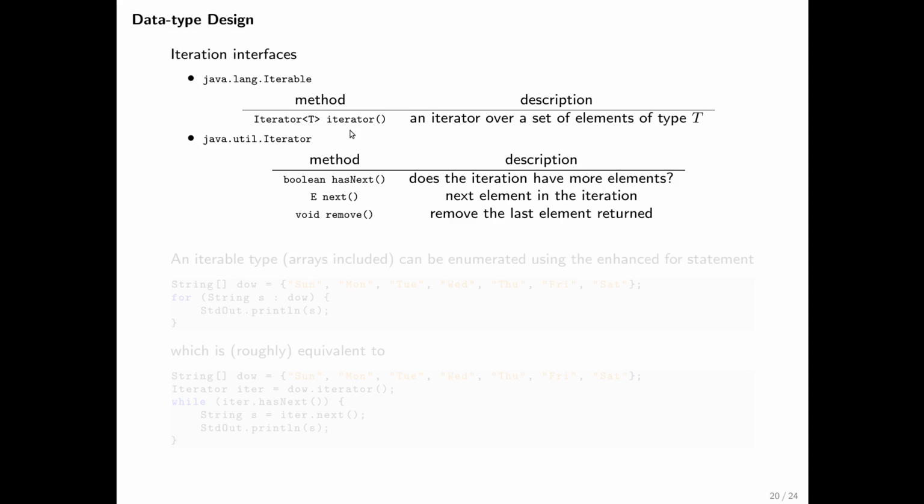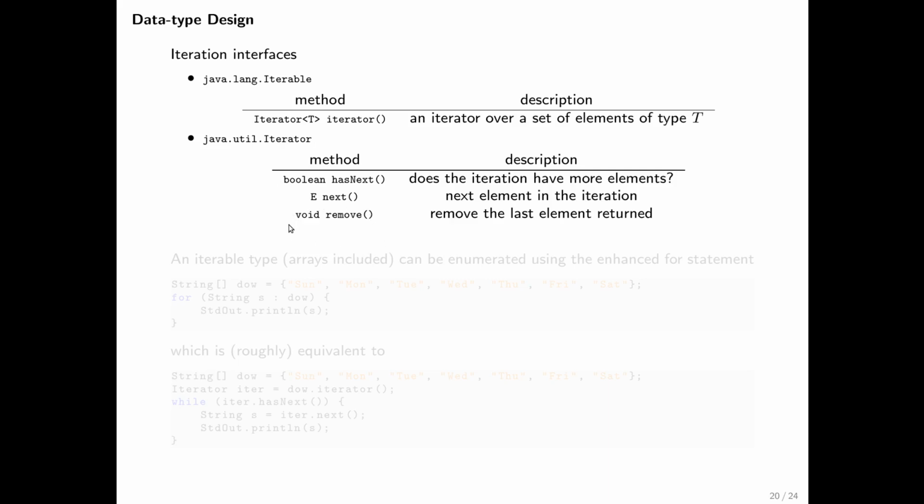Well, that iterator needs to implement this interface called Iterator sitting inside of the java.util package. Now, this is an interface with these three method declarations. So any iterator type that implements this interface needs to provide an implementation for all these methods, right?